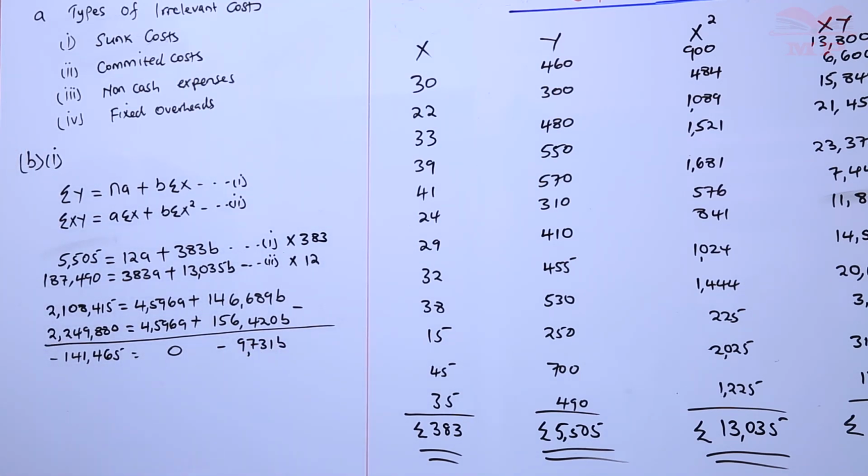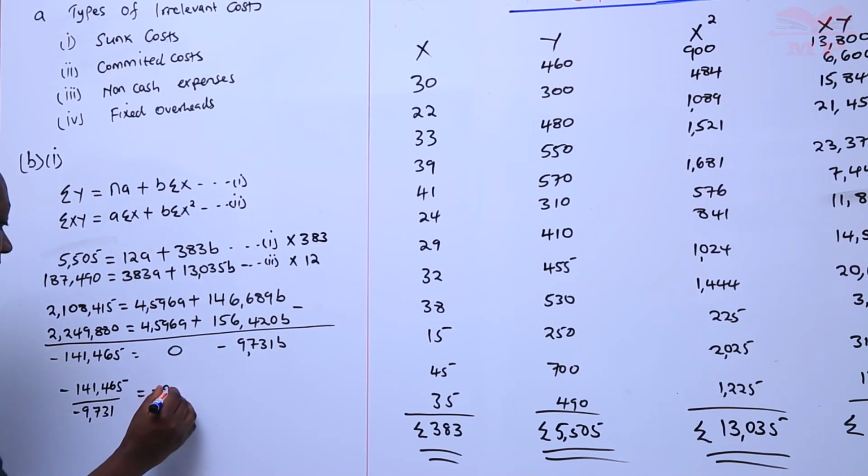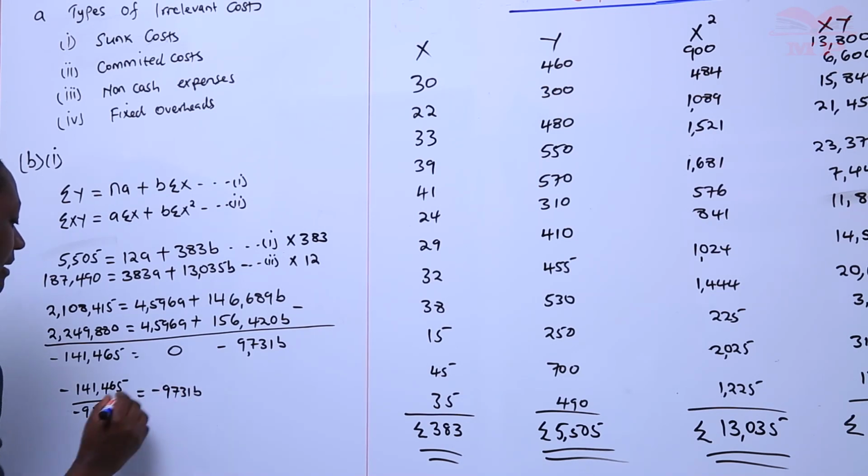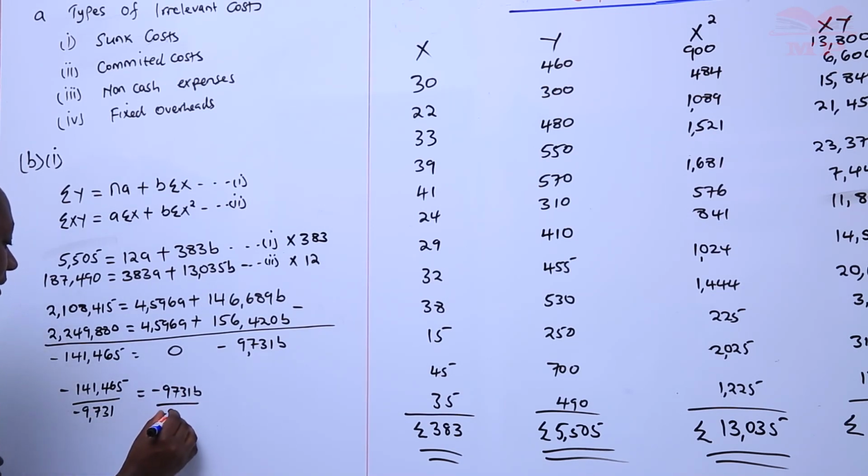So once we do this, our intention is to find the value of b. To find the value of b, we are dividing both sides by negative 9,731. Therefore we'll have negative 141,465 divided by negative 9,731, which will equal b.